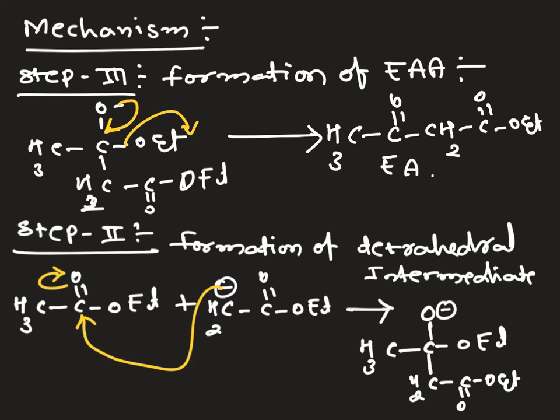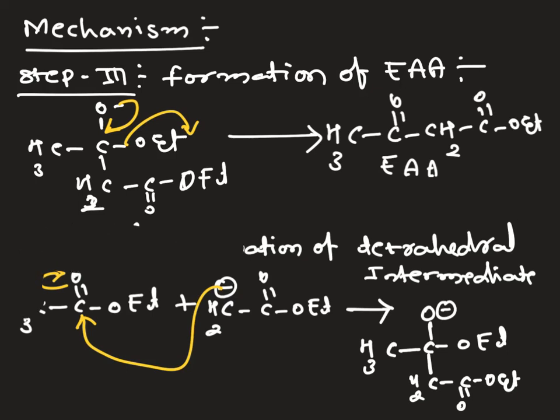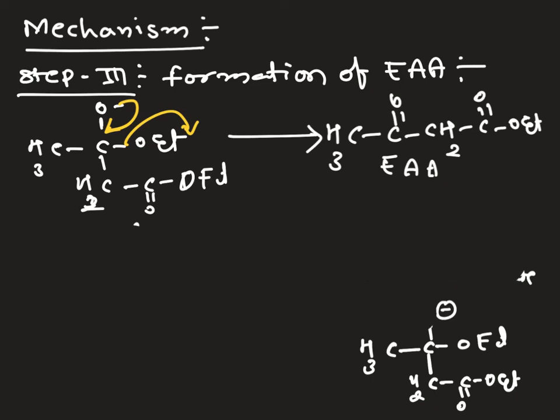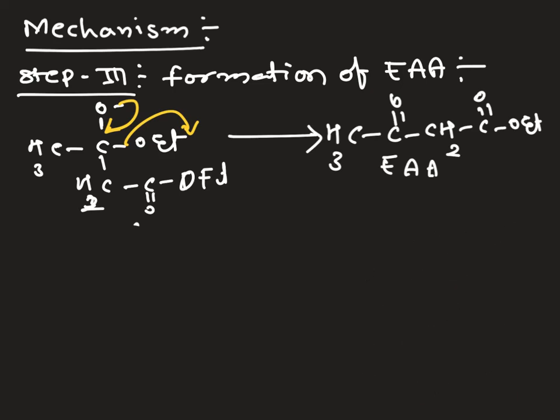This is ethyl acetoacetate. Usually in this reaction, after completion of the reaction, we have to do an acid workup. The reason is, once ethyl acetoacetate is formed, it will usually be in the ionized form.